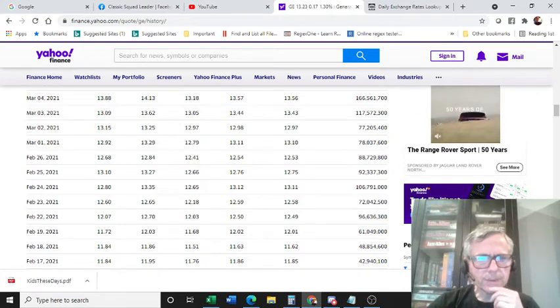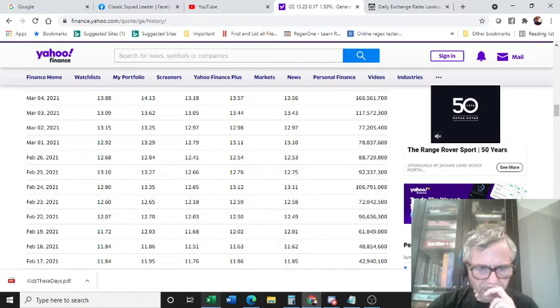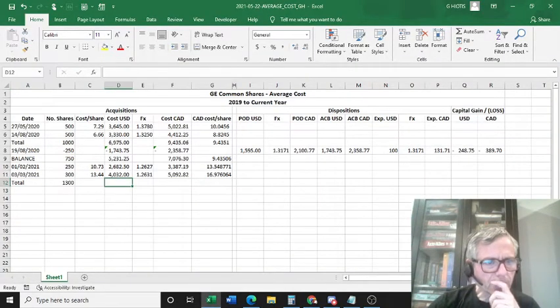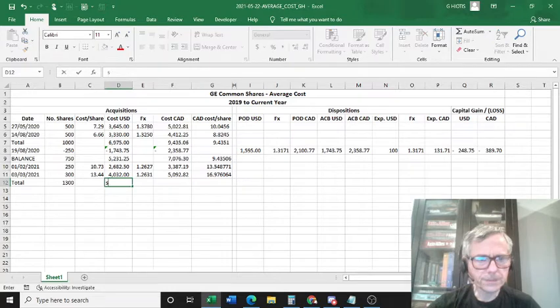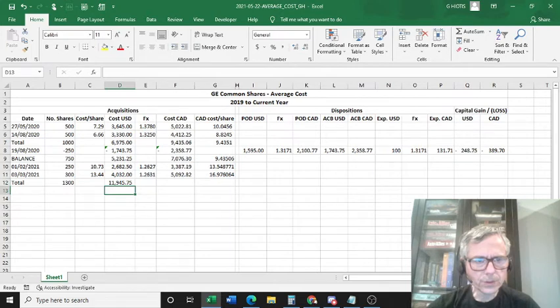March 4th, 2021, $13.56. Let's do that. So now I have my total here. I also get a total here. Sum equals sum. This is the sum.